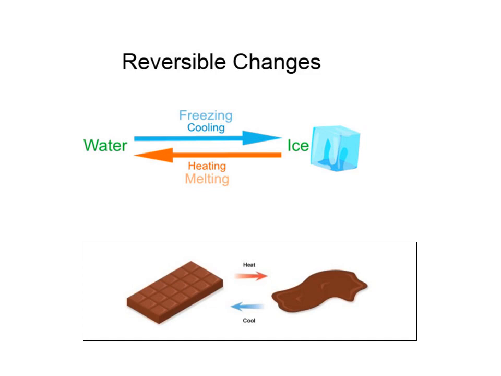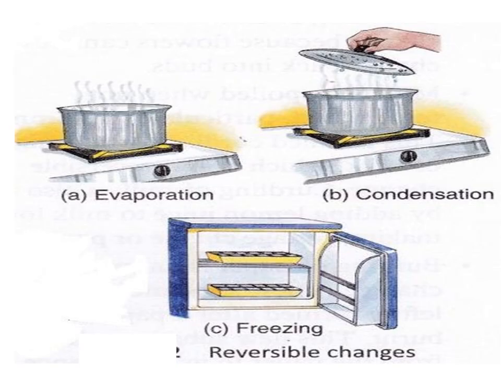Again, such as the melting of chocolates: when it is heated then it becomes melted, and when it is cooled, or by the process of freezing, it becomes solid again. In this picture you will see there are three processes: evaporation, condensation, freezing.